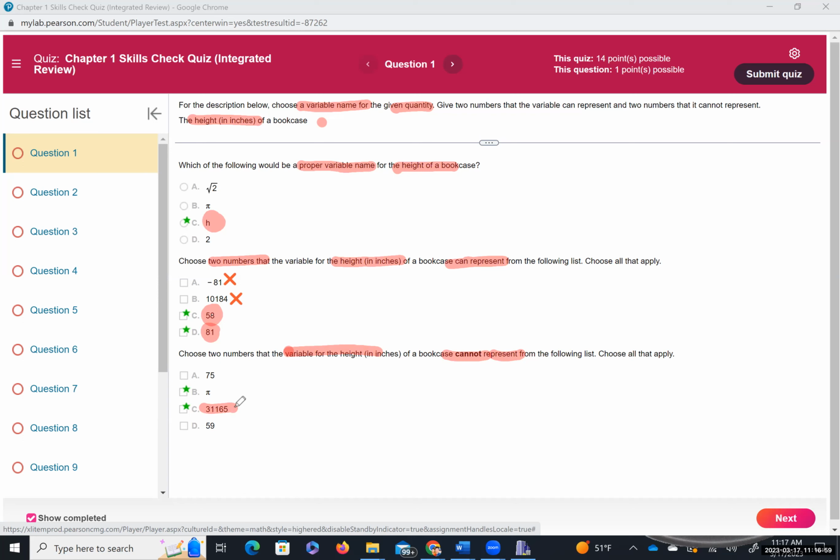And pi, 3.14, is too low. Nobody is going to use a bookcase with only 3.14 inches. So those are going to be the two answers in this part. Let's move to the next question.